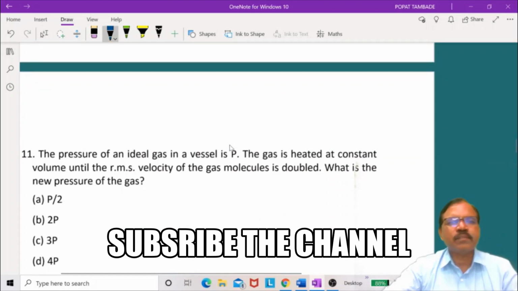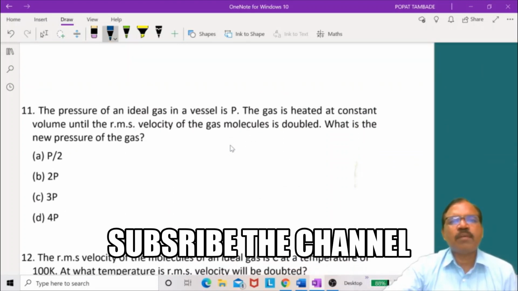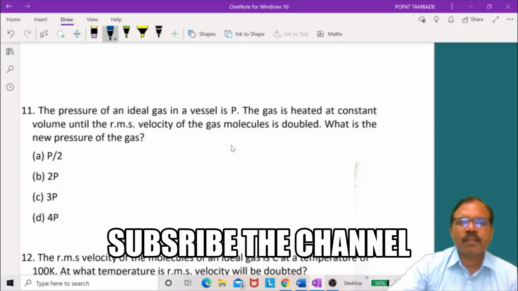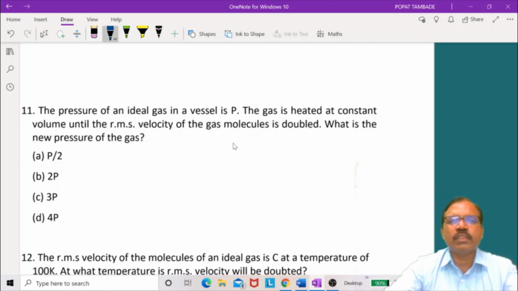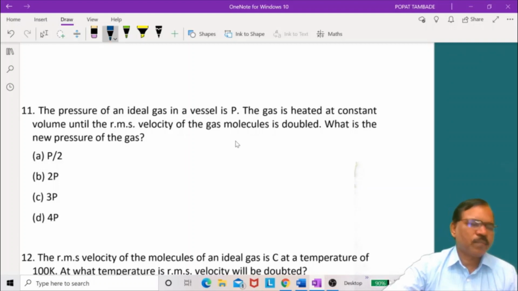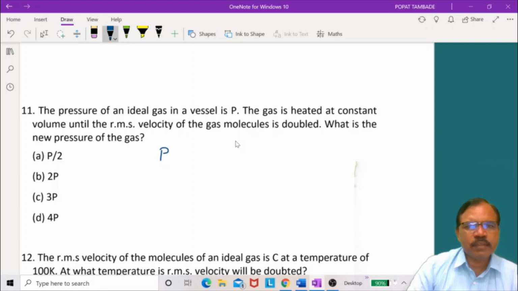Now next one. The pressure of an ideal gas in a vessel is P. The gas is heated at constant volume until the RMS velocity of the gas molecules is doubled. What is the new pressure of the gas? Now we will see the relation between pressure and RMS velocity.